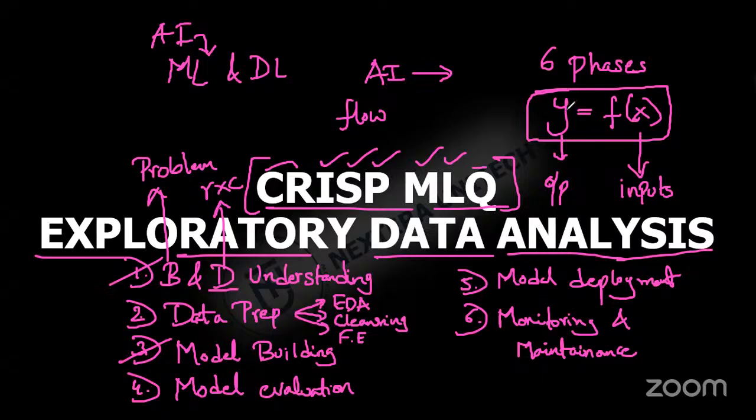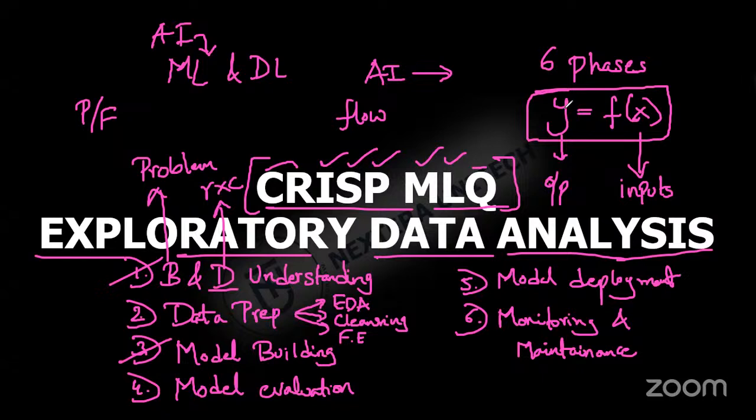For example, if I want a model to predict whether a student will pass or fail, the column with the pass or fail values will be our target column, output column, Y column.